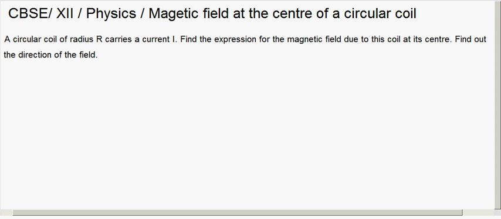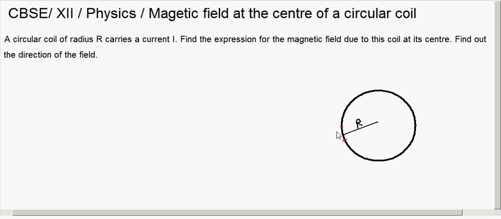Now let us consider a circular loop for this. It's given a circular loop of radius r. Let this be the center, and from the center the radius is r. To apply Biot-Savart law, we will take a small current element, say dl. Let us assume they have not given the direction of current.